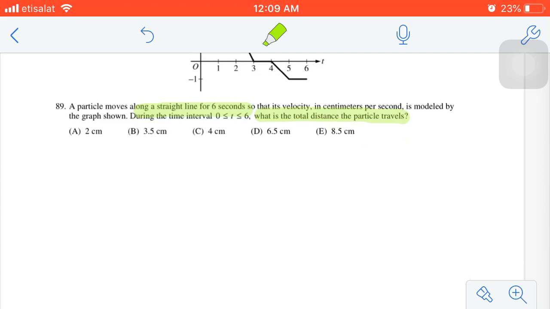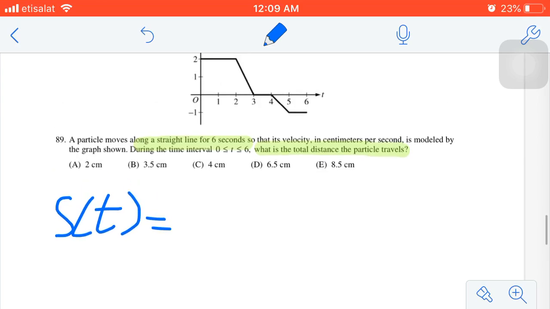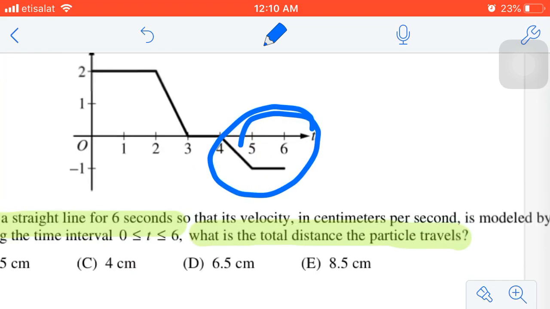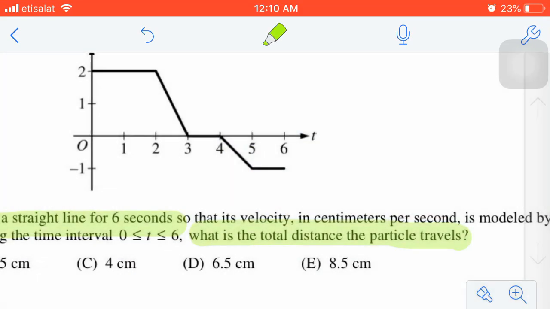In this case they are looking for the total distance, which is s of t, and since they are looking at the total distance, the direction of the particle doesn't matter. So basically this part of the graph will have to be positive.